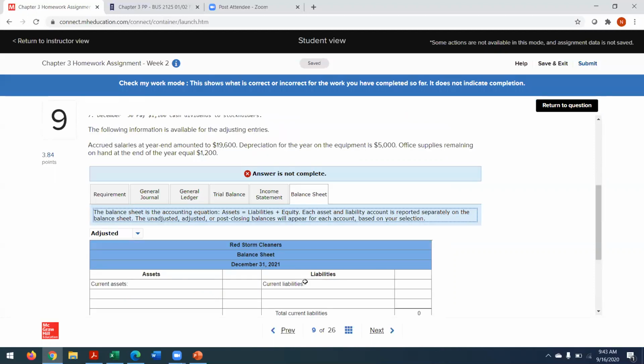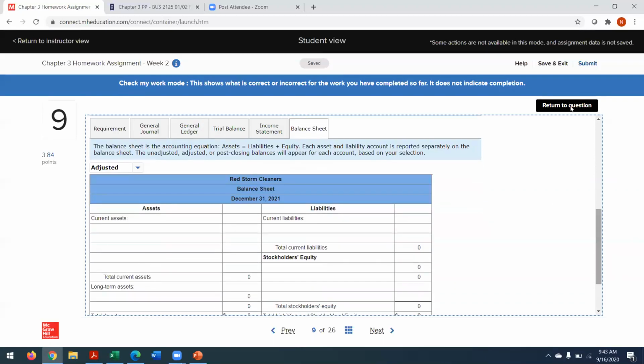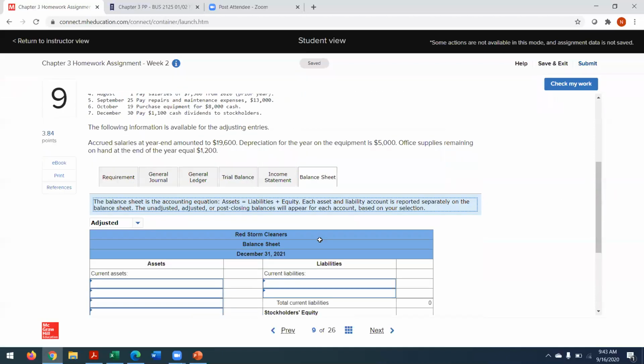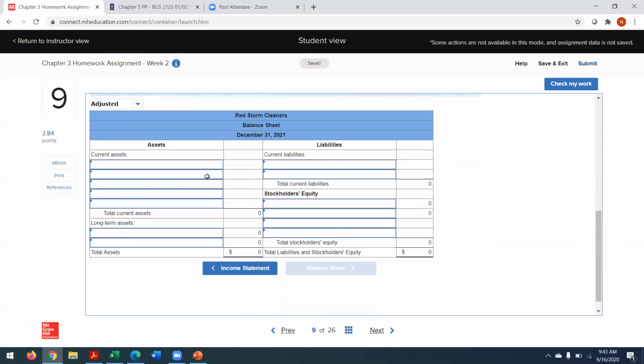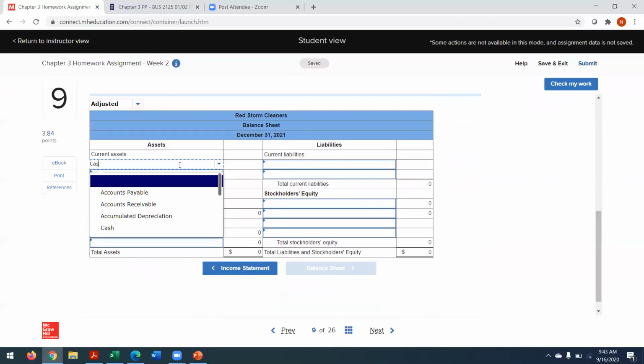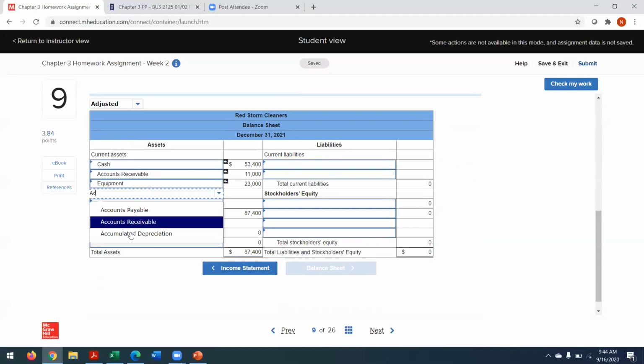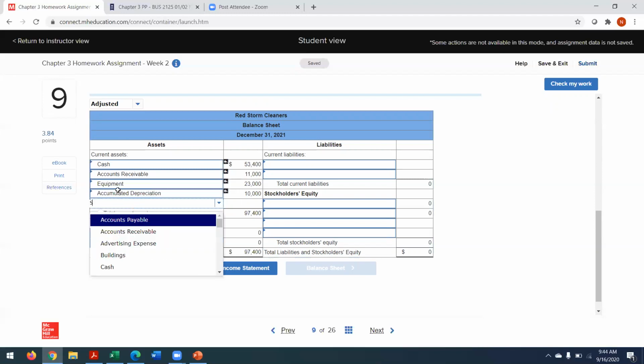Now I go to my balance sheet. So my balance sheet, I need to show where things go. What are my assets? I have cash. I also have accounts receivable, don't I? I also have equipment. Don't I have accumulated depreciation? Am I missing? Oh, supplies. I have supplies too.